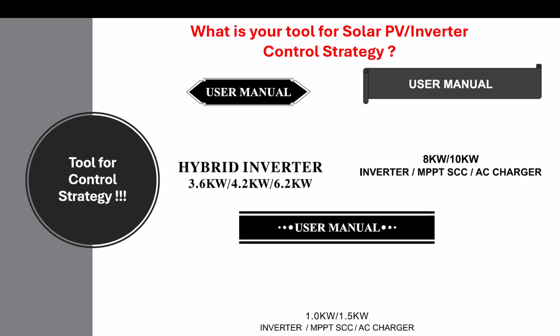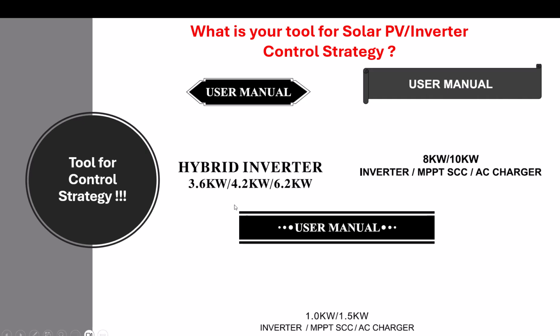control philosophy, and you are able to pick your control strategy based on the boundaries that make up your solar PV inverter. So the tool that you have at your disposal to develop your control strategy or control philosophy is basically the user manual of your solar PV inverter.